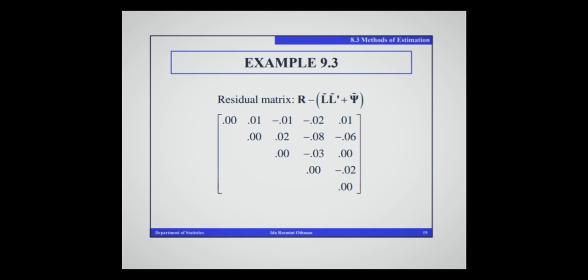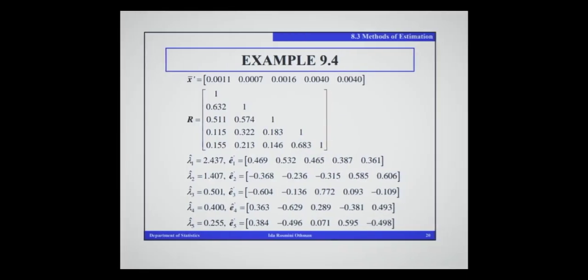Okay, boleh? Okay, the next example adalah example 9.4 from your textbook, page 493. Dia sama juga sebenarnya, cuma kat sini dia ada 5 variables. Okay, matrix R. Okay, we have all the lambda kat sini.